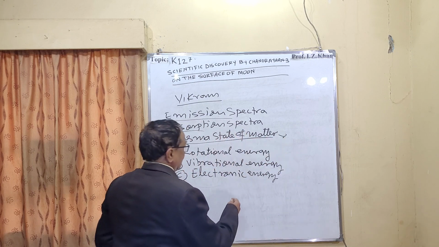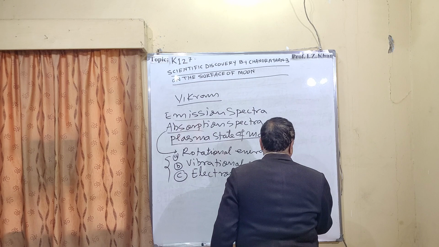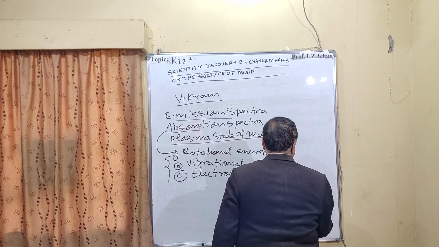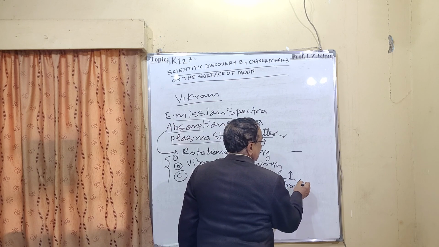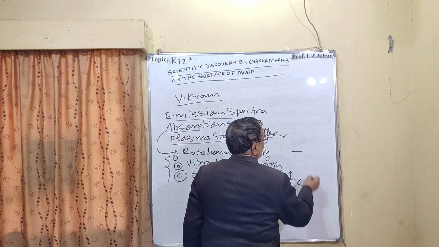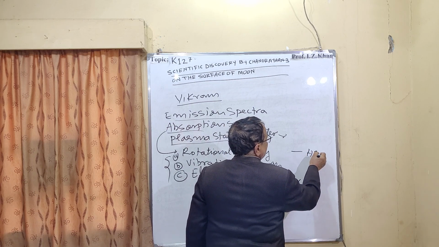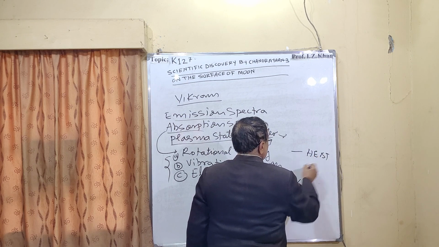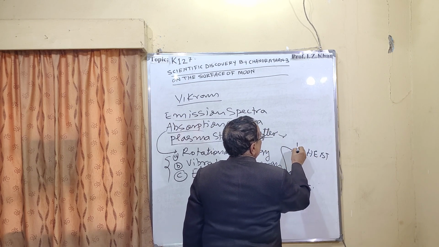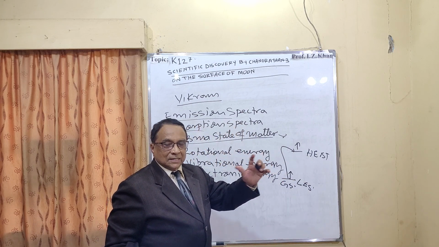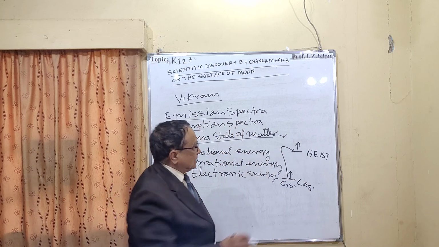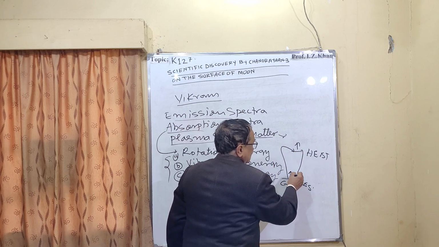For example, in electronic energy, when the electron is here in the ground state, it will jump from the lower energy state to the higher energy state. From here it will jump to here, and then after some time, once the radiation is reduced, it will again come down to the ground state.